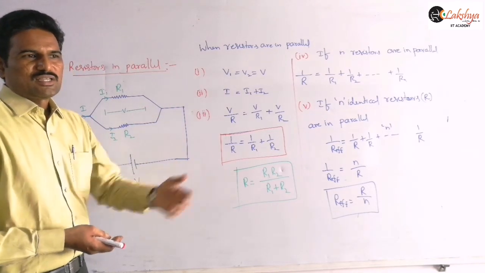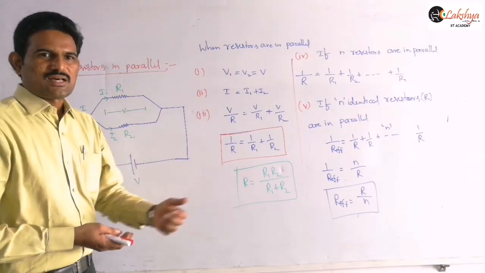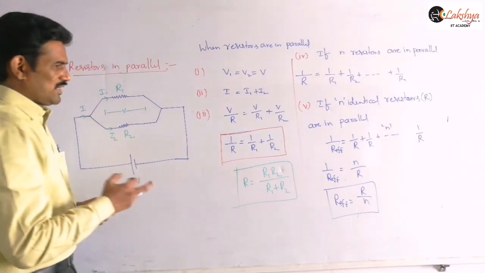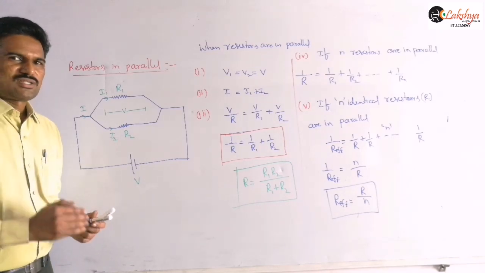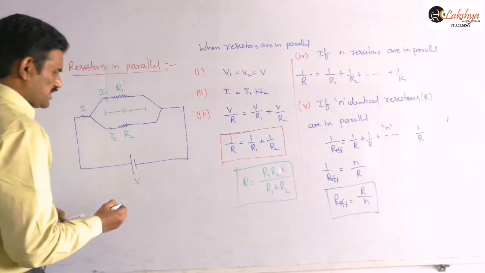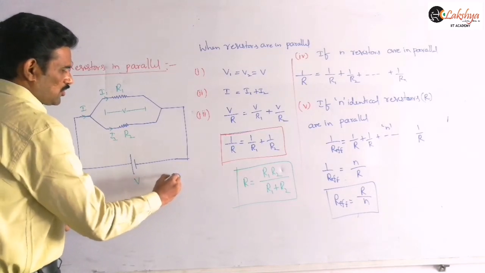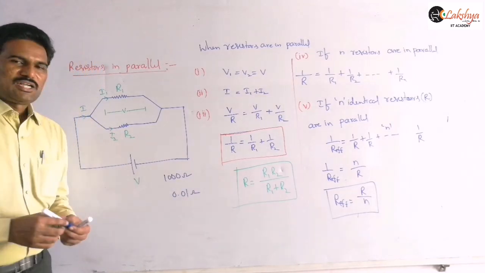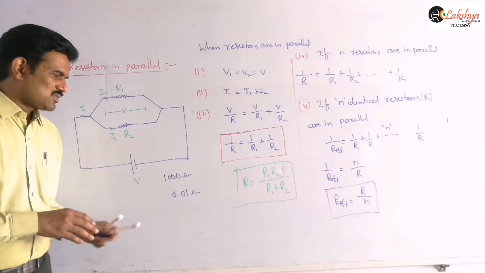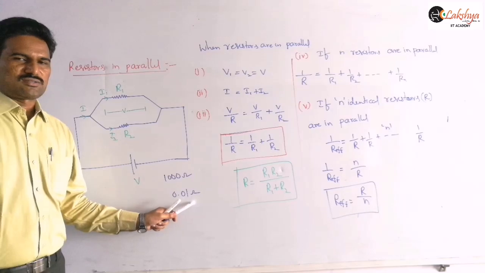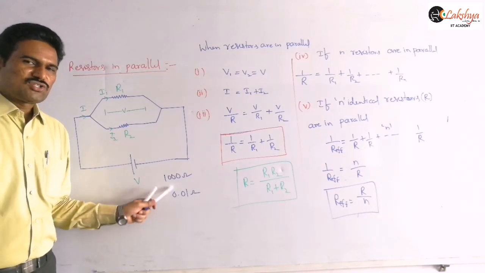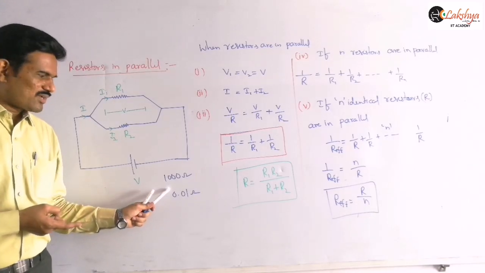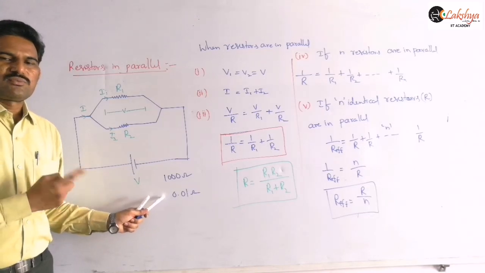Or in case of series, the effective resistance will be greater than the largest value. Suppose you are considering 100 or 1000 ohms and 0.01 ohm connected in parallel, then definitely the effective resistance will be less than this 0.01 only. But if these two are connected in series, the effective resistance will be greater than the largest value, and here the largest value is 1000.